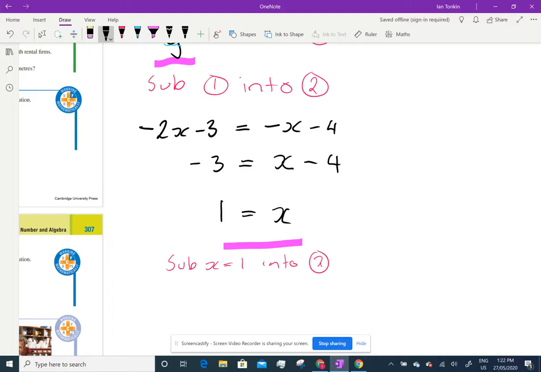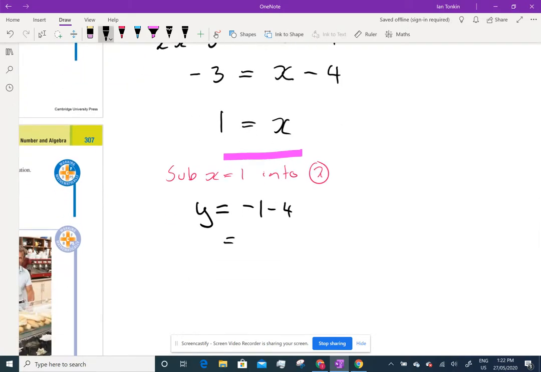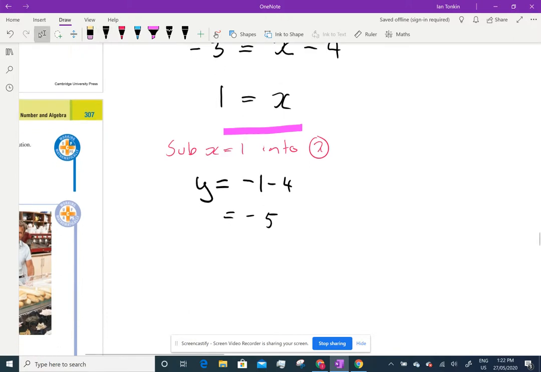Now if I do that, y equals, I'm just going to put a 1 where the x is, minus 1 minus 4. Minus 1 minus 4 is negative 5. Because these are actually Cartesian coordinates, I'm going to write that as a point. Here's my solution: x is 1, y is negative 5.